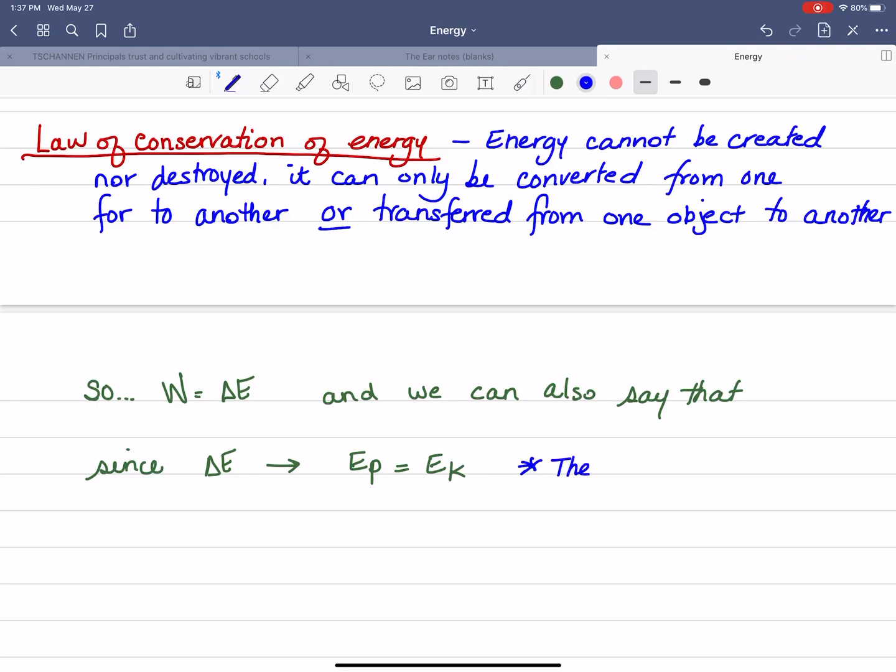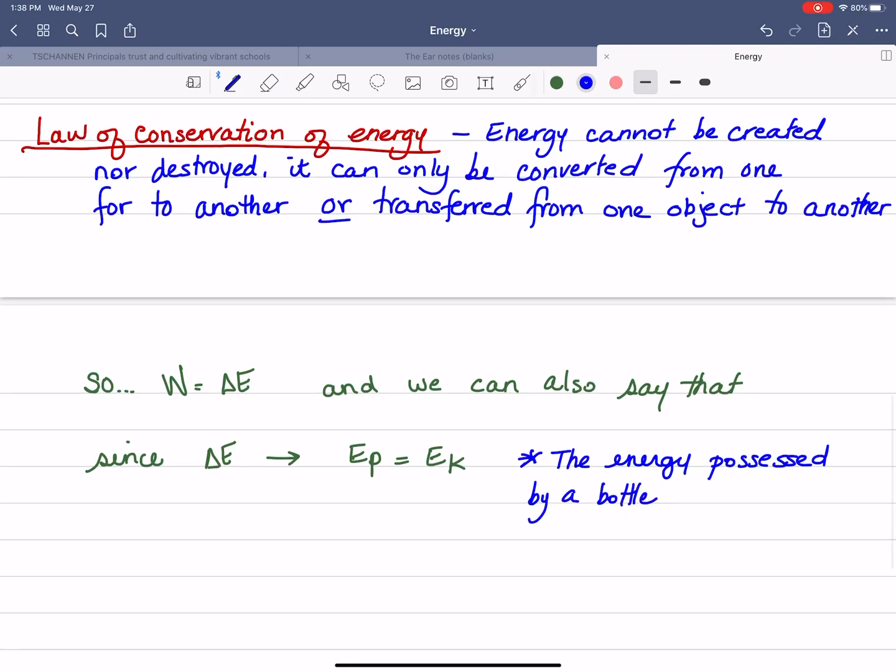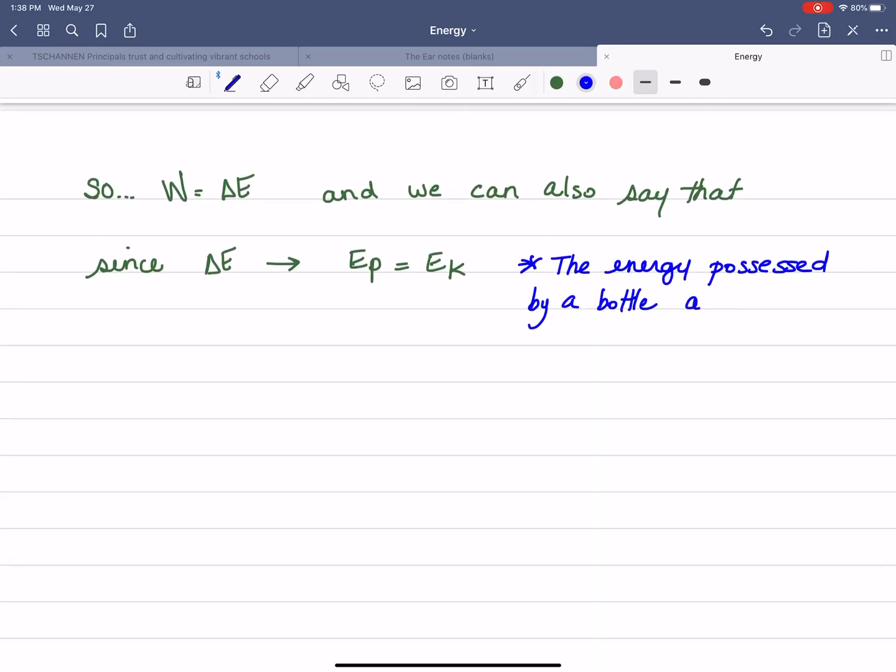The energy possessed by, I give you the example of the bottle, raised above ground.